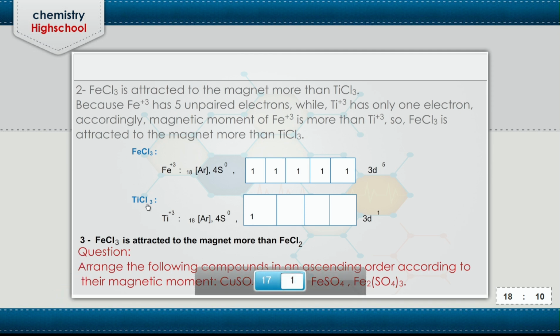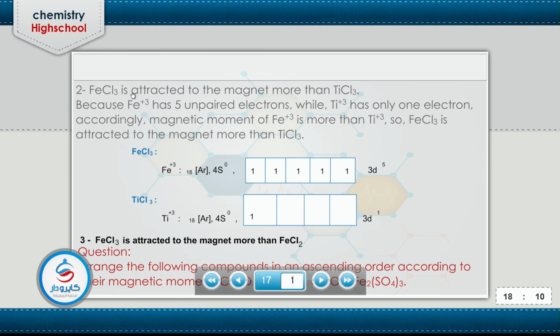Point number 2, ferric chloride is attracted to a magnet more than titanous chloride. That is the question: give reason why ferric chloride is attracted to a magnet more than titanous chloride.